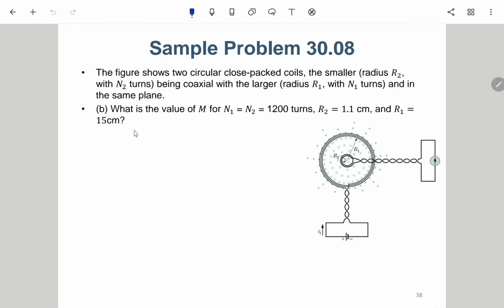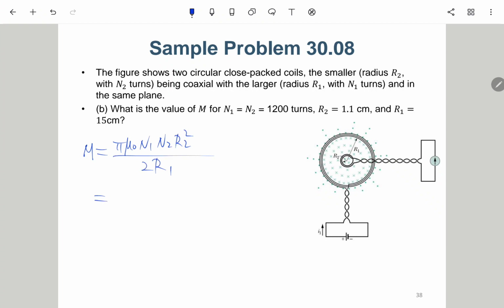For question B, what is the value of M for these values? We just plug in all the numbers. M equals pi mu 0 N1 N2 R2 squared over 2R1.